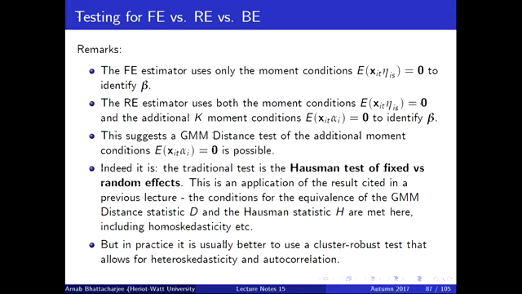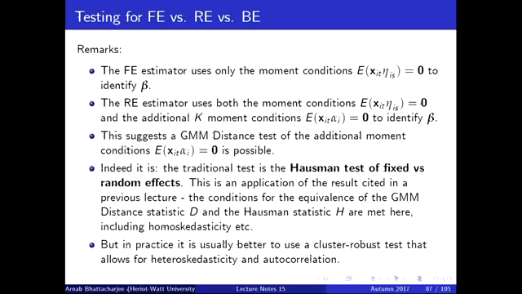How do you estimate this? The standard way or the traditional way, the Hausman way, was to estimate that as variance hat FE. Which one has larger variance? Yeah, this one. Minus variance RE.